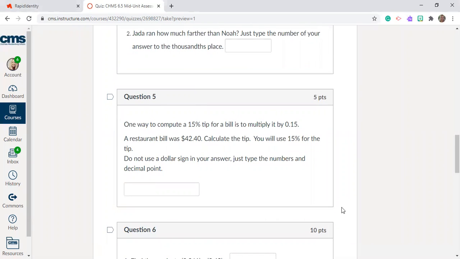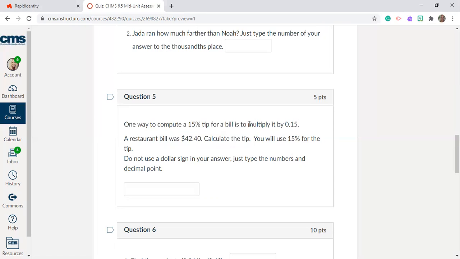Question number 5. One way to compute a 15% tip for a bill is to multiply it by 15/100ths. A restaurant bill was $42.40. Calculate the tip. You will use 15% for the tip. So look at this first line, it will tell you how to do that.